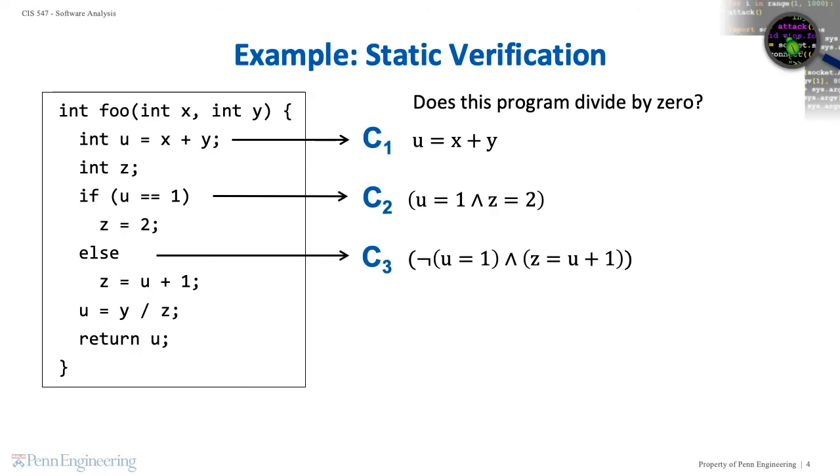Likewise, the third constraint, denoted C3, captures the effect of the false branch by asserting that it is taken when u is not equal to 1 and that z is equal to u plus 1 after this branch.